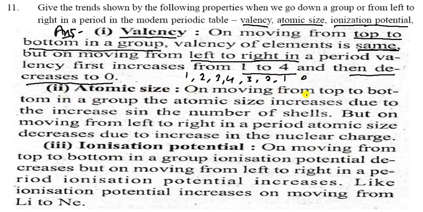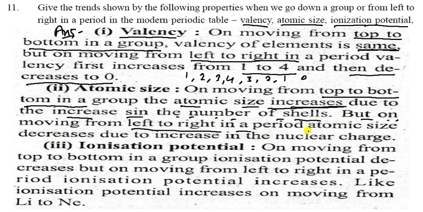Now let us see the atomic size. On moving from top to bottom, the atomic size always increases, due to the increasing number of shells. But on moving from left to right in a period, the atomic size always decreases, due to the increase in nuclear charge.